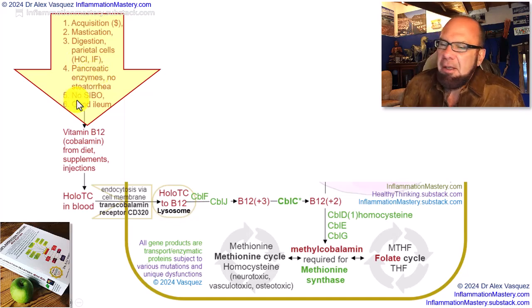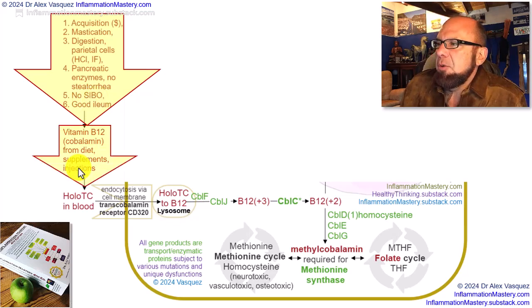We need to have a good eubiosis and avoidance of dysbiosis within the gastrointestinal tract, specifically no small intestine bacterial overgrowth, and a good ileum that's not affected by surgical resection, Crohn's disease, celiac disease, or small intestine bacterial overgrowth. From there, we absorb B12 in the terminal ileum, and we can use high-dose supplementation, typically 2 to 6 milligrams per day of vitamin B12, or we can use injections, either intravenous, subcutaneous, or intramuscular.